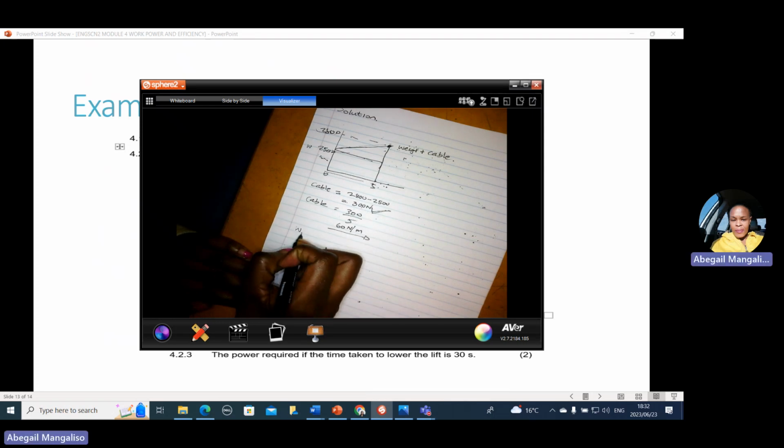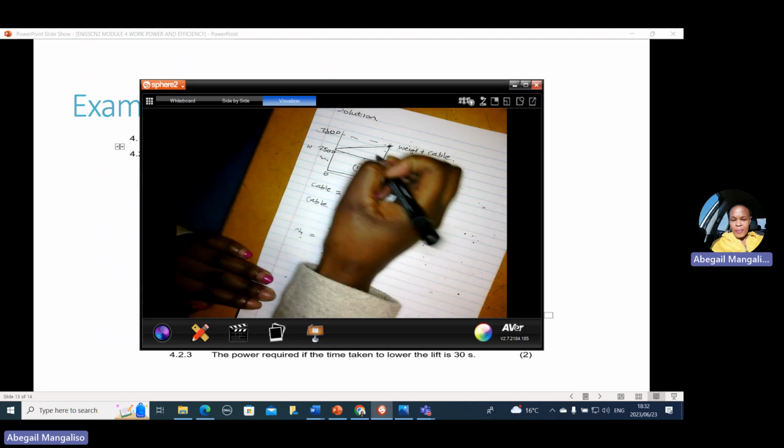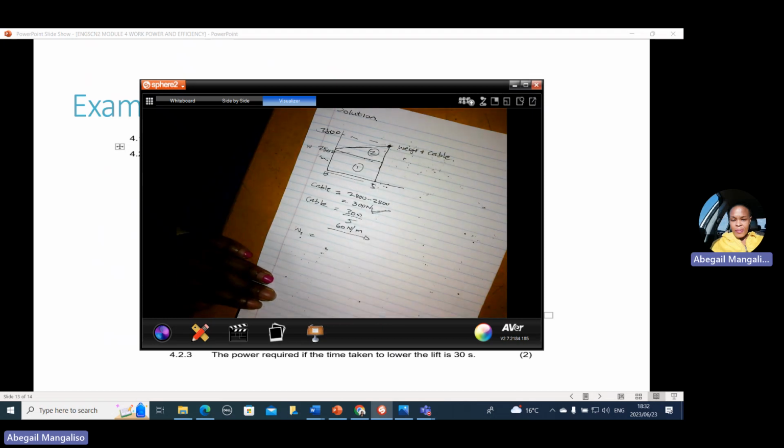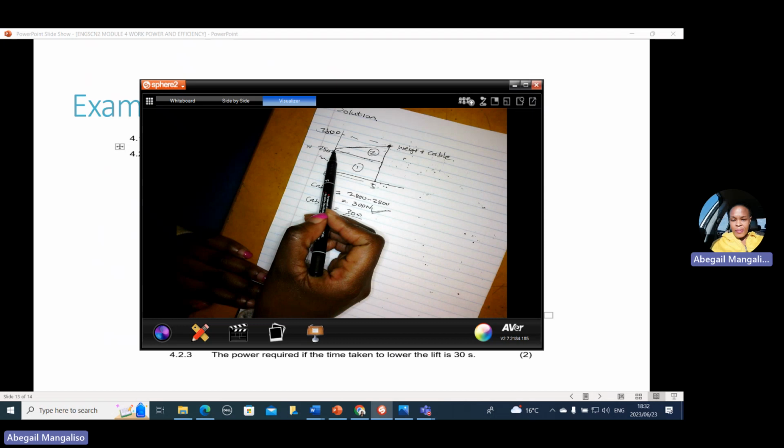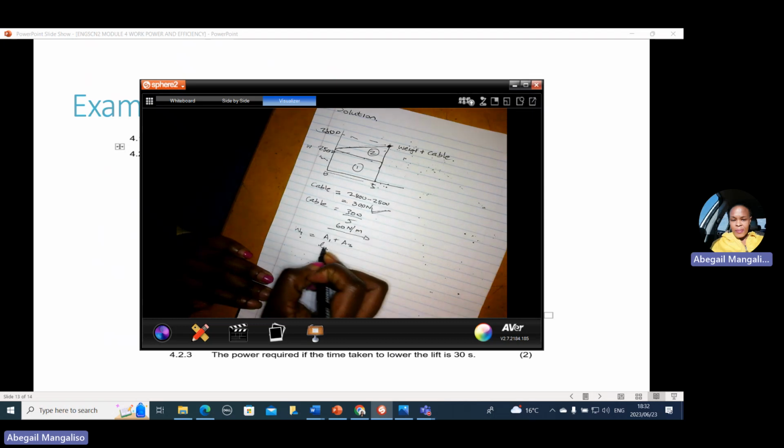Total work done, WT for total, will be equal to, we can call this A1, this one A2, it doesn't matter. It will be A1 plus A2. The dimensions of A1, this is a rectangle, so it's L times B. But A2 is half times base times height.